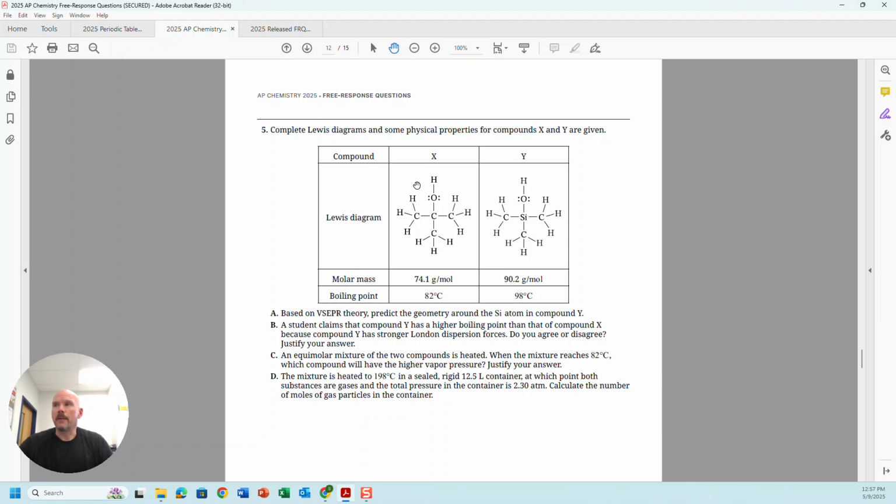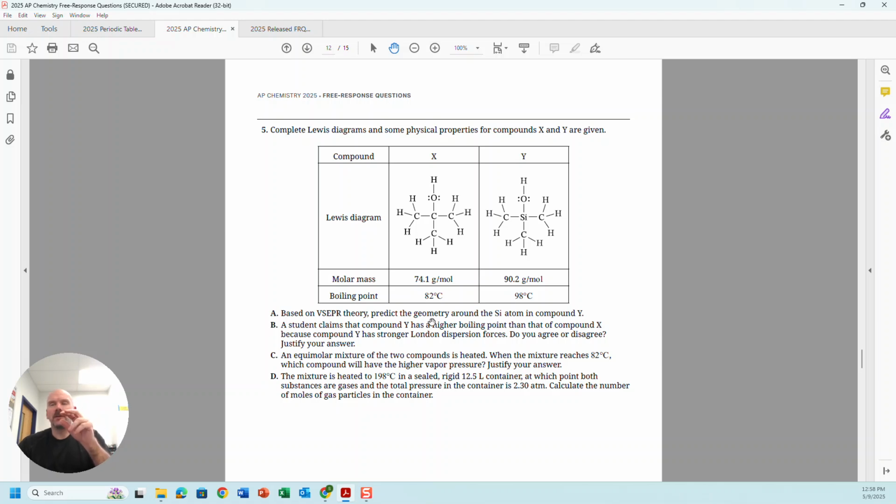All right. So, based on VSEPR theory, predict the geometry of the silicon atom here. So, again, remember, in question 4, it asked us hybridization, and question 5 is asking us shape. So, again, it's about the electron domains, but now it says geometry, so shape and geometry are a little bit different.